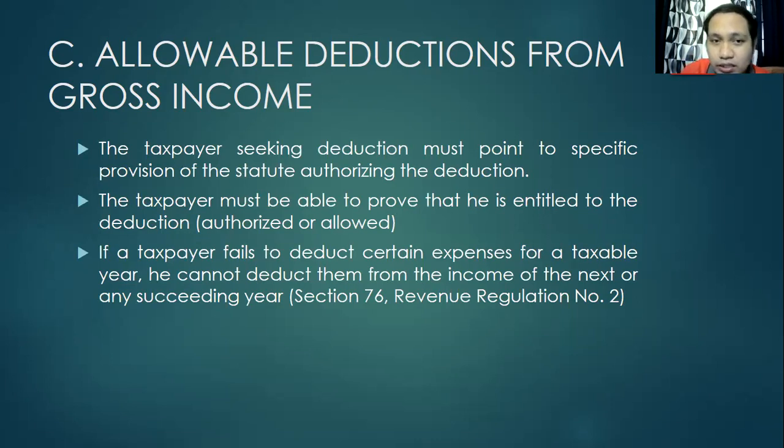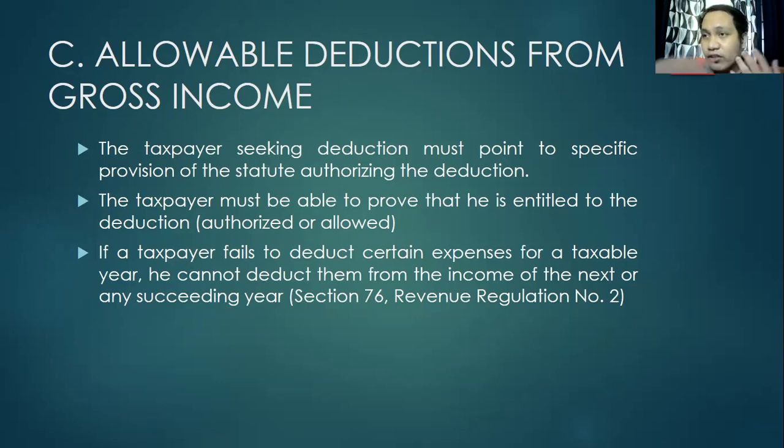So the taxpayer, for them to be able to claim that as a deduction from their gross income, you must be able to point out and prove to the BIR that this item is deductible.